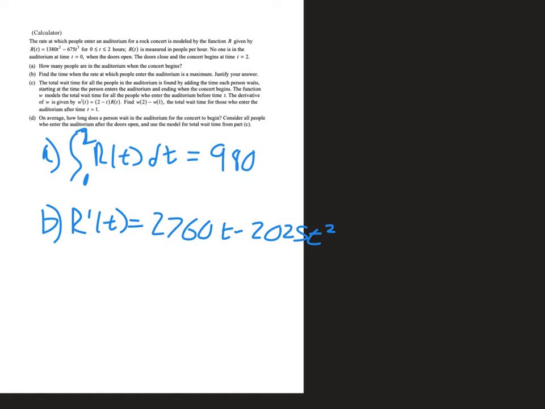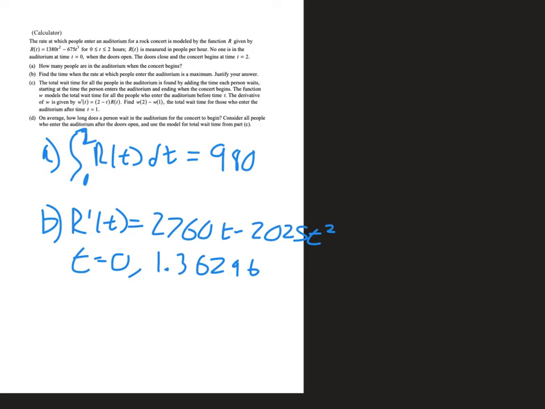Set that equal to 0, and you're going to get two different solutions. You're going to get t equals 0, of course, and then you're also going to get 1.36296. And again, that's just by setting that equal to 0.